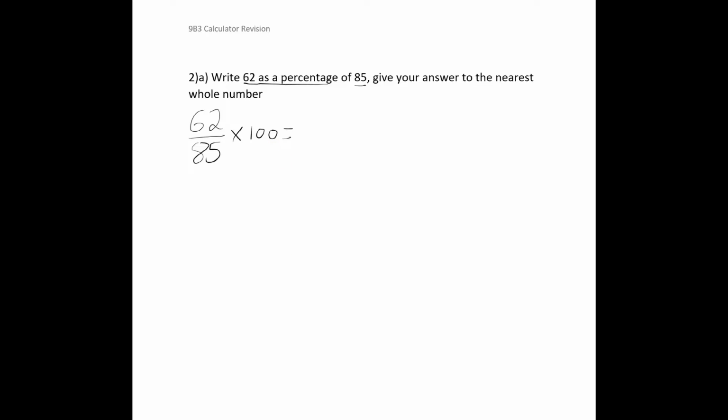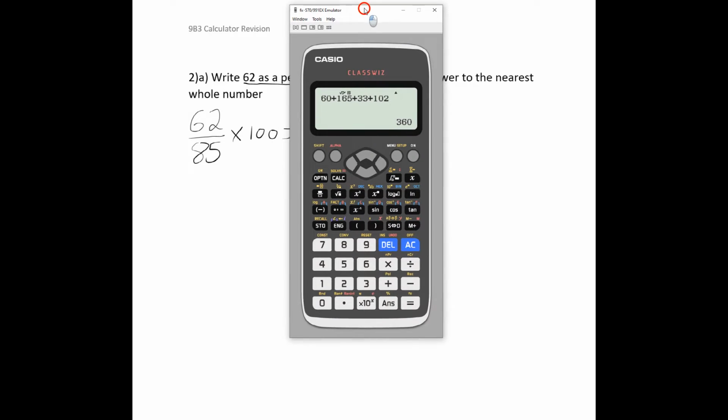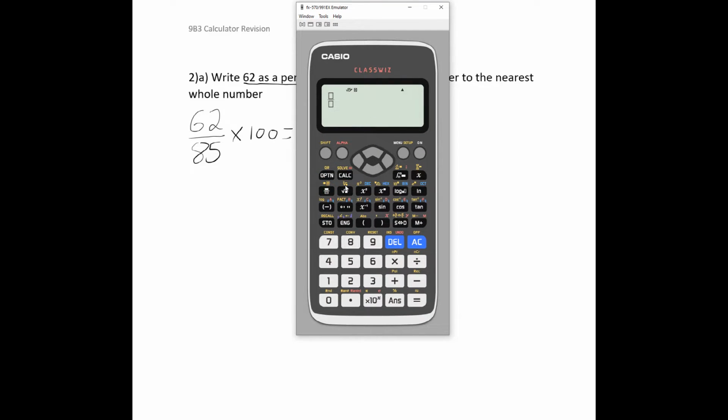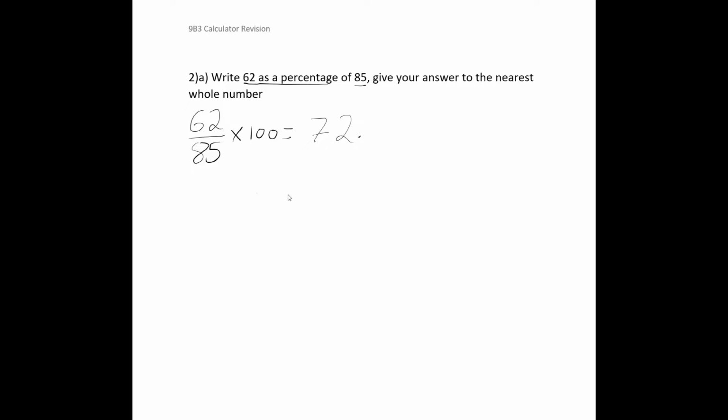The best way on a modern calculator is to use the fraction button, and simply to do 62 over 85, you press the right arrow, moving the cursor to the right of the fraction. You then write times 100, you press equals, you press SD, and your answer will be 72.94%. However, to the nearest whole number, that's going to be 73%, and that will be the answer.